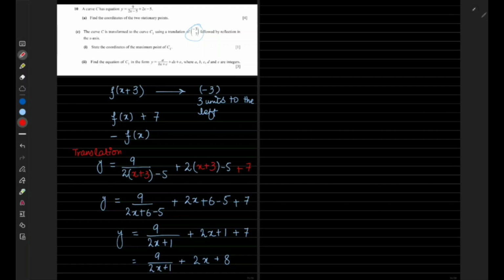Now apply the reflection. It will give you y equals negative of f of x. So the whole equation on the right hand side must be multiplied with negative. So 9 over 2x plus 1 plus 2x plus 8.